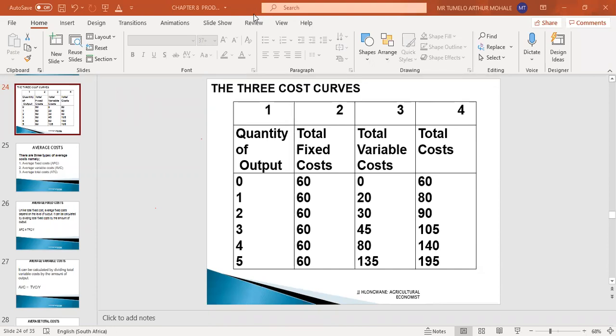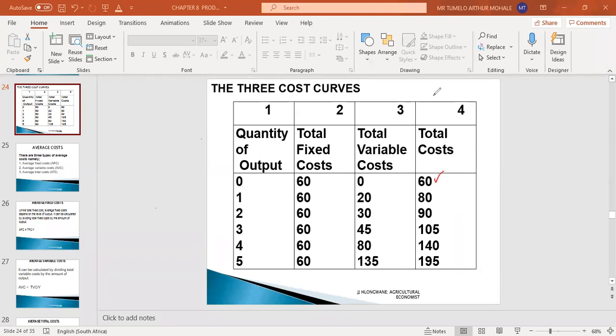Sometimes they will give you this information in tabular form, right? Suppose they don't give you the total fixed costs, and they just give you the first value of the total cost, which is 60.